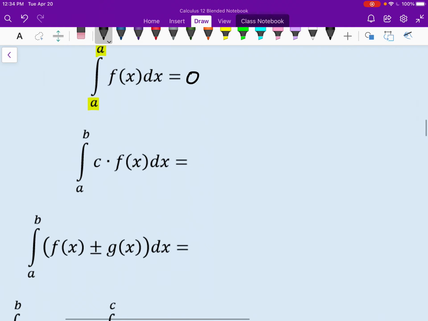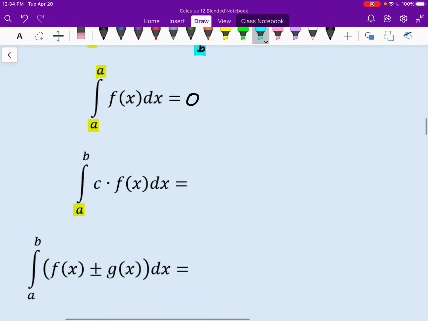What if I want to find the integral of some function from a to b, but this time there's also some constant here, c, representing just some constant? Well, as with the derivative, constants are quite lovely. If you think of it in terms of area, this constant is stretching or compressing the height of this region, which means it's just making the area some amount larger or smaller depending on c.